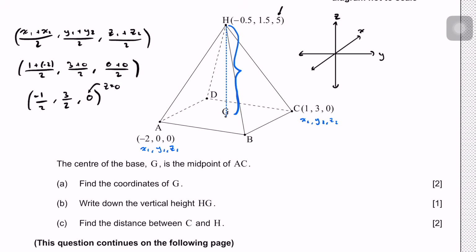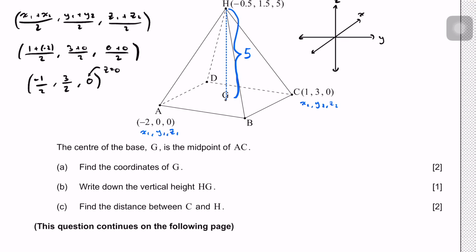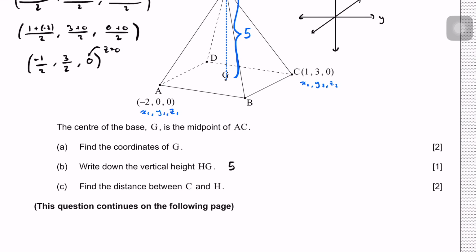In this case, we start off at 0, and we go all the way up to 5. So if we start at 0 and go up to 5, what distance would we have traveled? What is the height? Well, the height is just 5. So the vertical height of HG is 5.